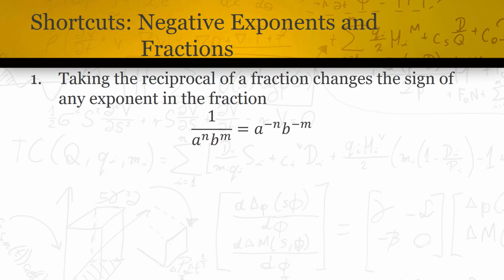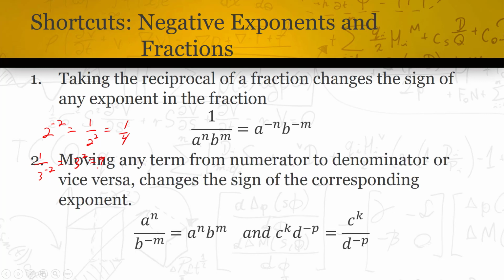Specifically, 1 over a to the n, b to the mth is equal to a to the negative n times b to the negative nth. 2 to the negative 2 is just 1 over 2 squared, which is 1/4. 1/3 to the negative 2 is just 3 squared, which is 9, and so on. So, moving any term from the numerator to the denominator or vice versa changes the sign of the corresponding exponent.